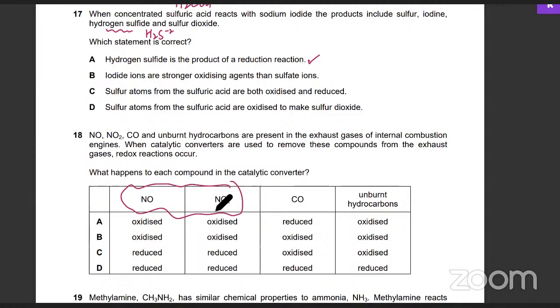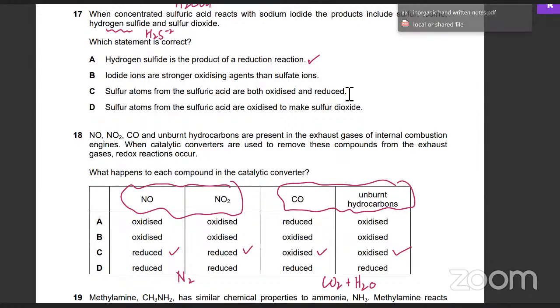What does a catalytic converter do? It turns them into nitrogen. And what it does to the unburned hydrocarbon and carbon monoxide, it turns them into carbon dioxide and water. So the N gets reduced. Both of them, they get reduced. And the carbons in both cases, they get oxidized.